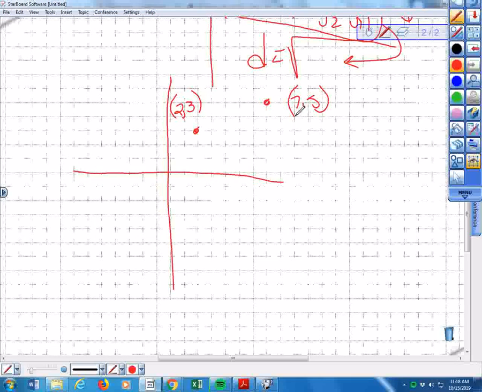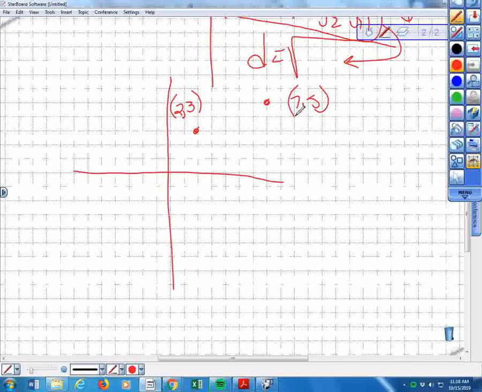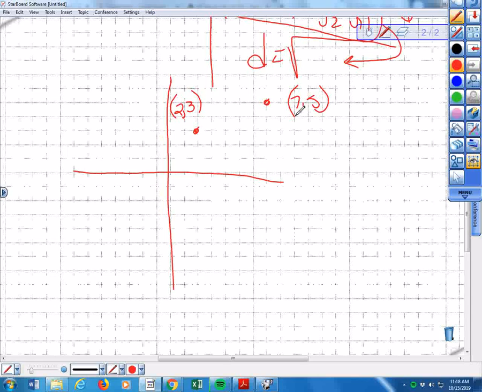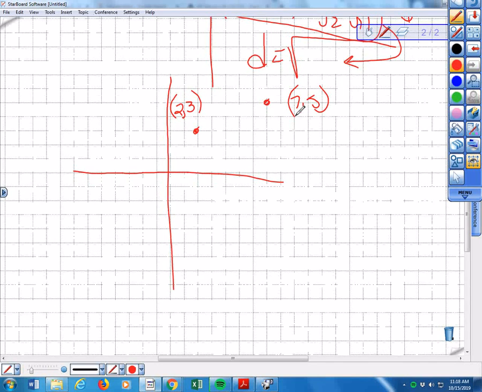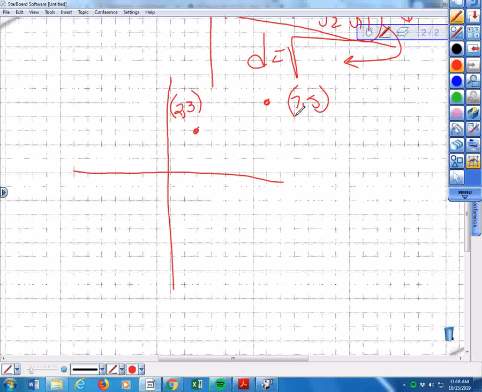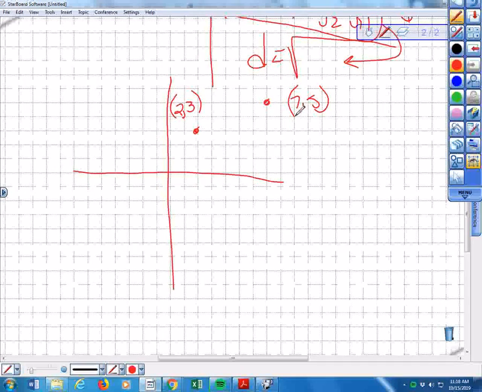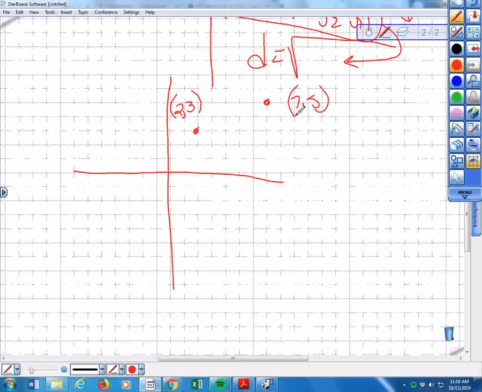Remember, the distance between the 2 points is always the hypotenuse of your right triangle, opposite of the 90. And it doesn't matter which way it is. Whether your triangle is right side up or upside down doesn't matter, as long as the hypotenuse is your C.